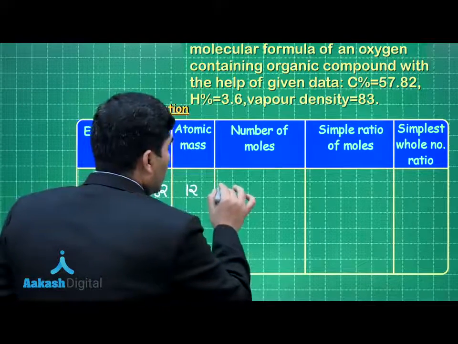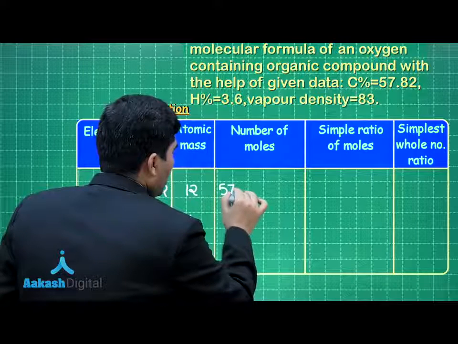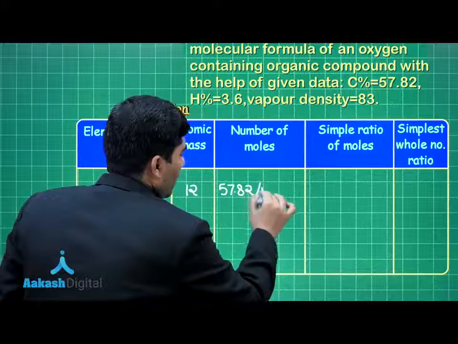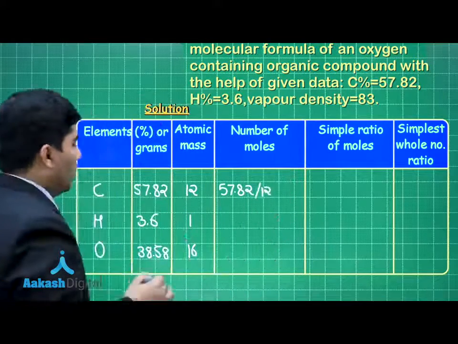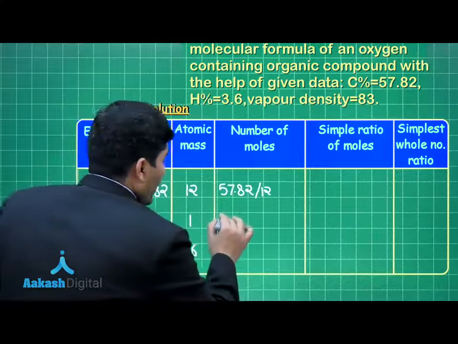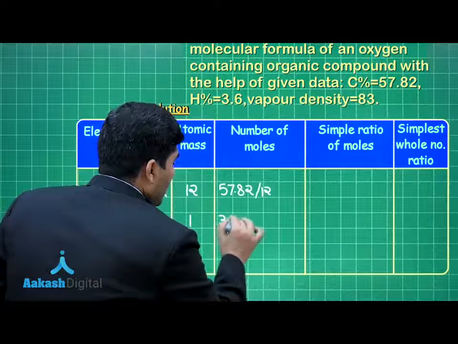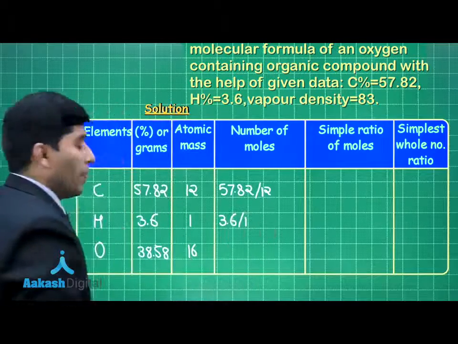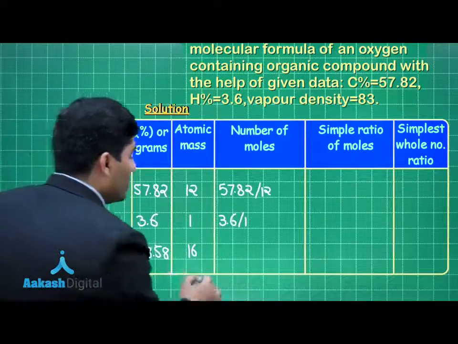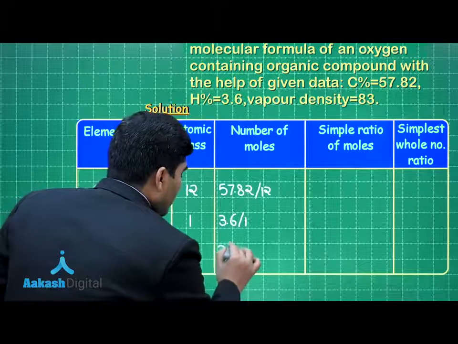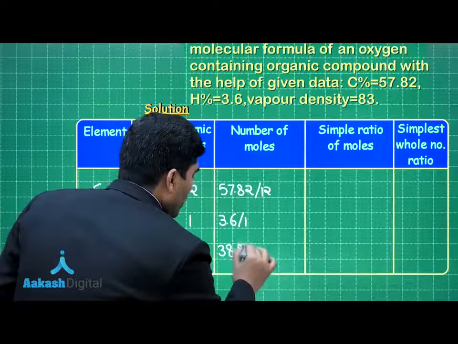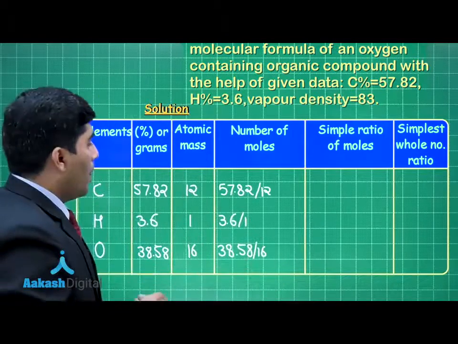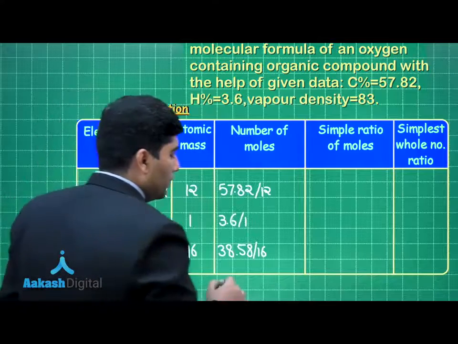So it is divided by 12, the molar mass. Hydrogen it's 3.6 divided by 1. And in the case of oxygen, it is 38.58 by 16.